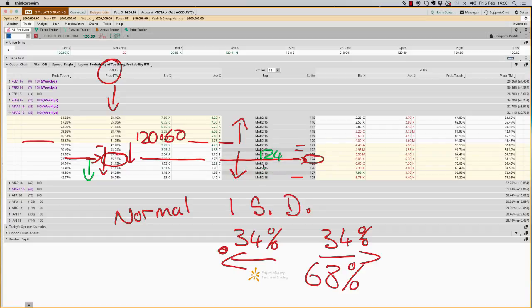So the stock price moving past $124 would be considered out of normal, because we know that 68% of the time price is going to be within normal distribution.